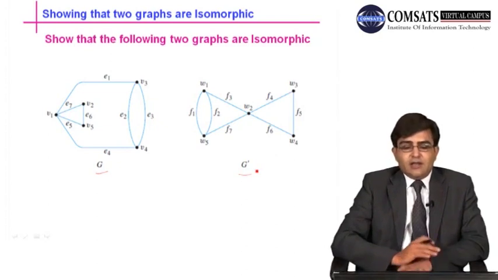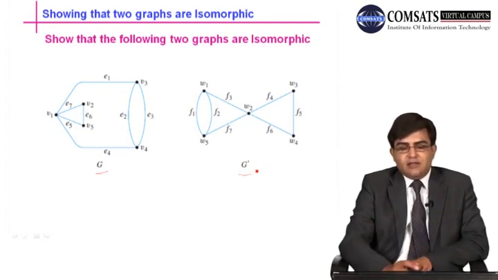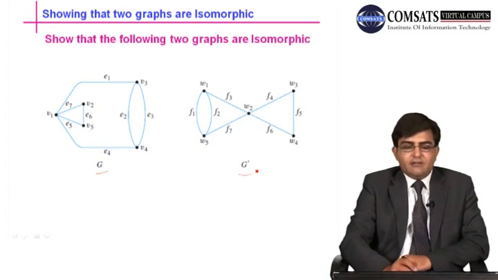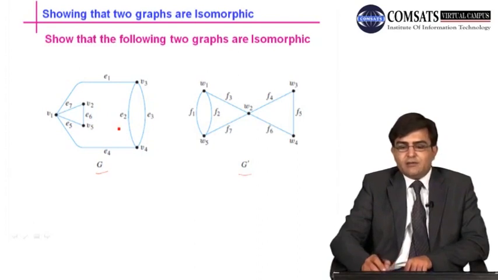What things do we have to care about in finding the isomorphism? First of all, you have to check that there must be the same number of vertices in these two graphs, and the same number of edges. Then we move further. Here we have V1, V2, V3, V4, V5, so there are 5 vertices. Here we have W1, W2, W3, W4, W5, also 5 vertices.